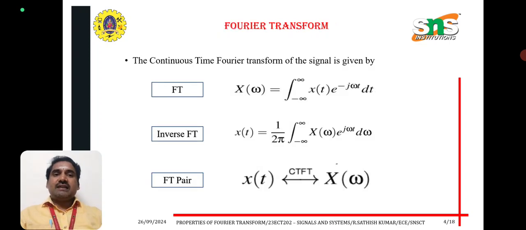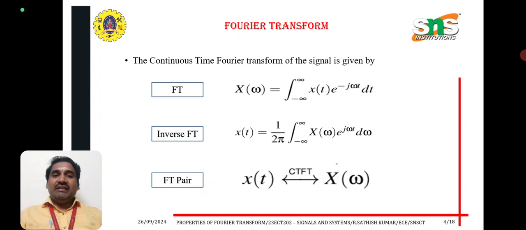The continuous time Fourier transform of the signal is given as X of omega equal to the integral from minus infinity to plus infinity of x of t into e power minus j omega t into dt. While taking the inverse Fourier transform, x of t is equal to 1 by 2 pi times the integral from minus infinity to plus infinity of X of omega into e power plus j omega t into d omega.